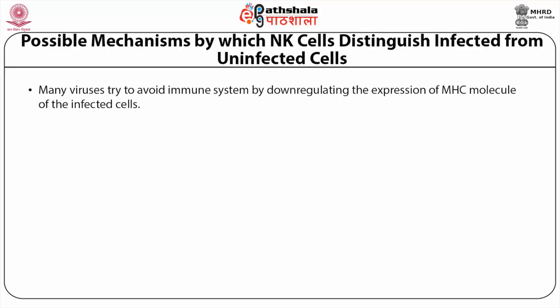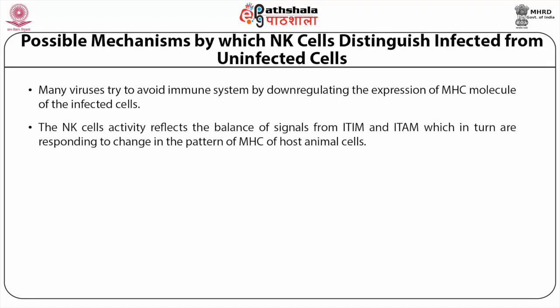This is so important that even some T cells may also express some KIRs after activation. The NK cell activity reflects the balance of signals from ITIM and ITAM, which in turn are responding to change in the pattern of MHC of host animal cells.